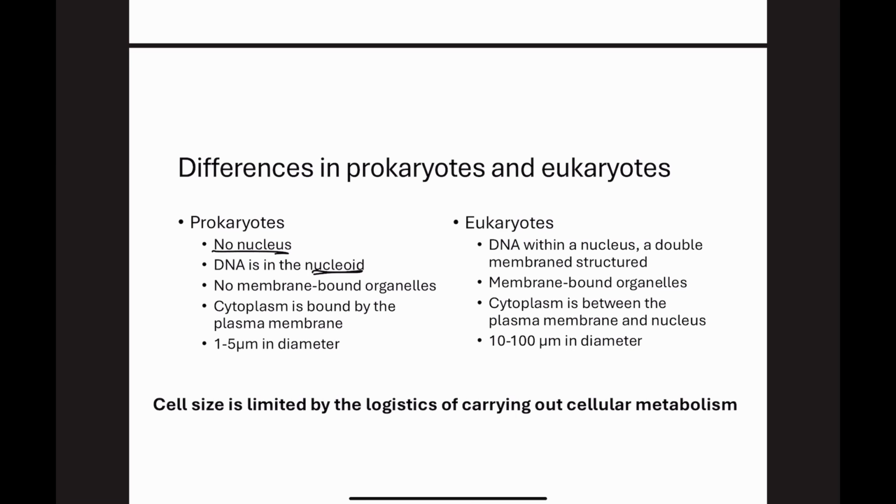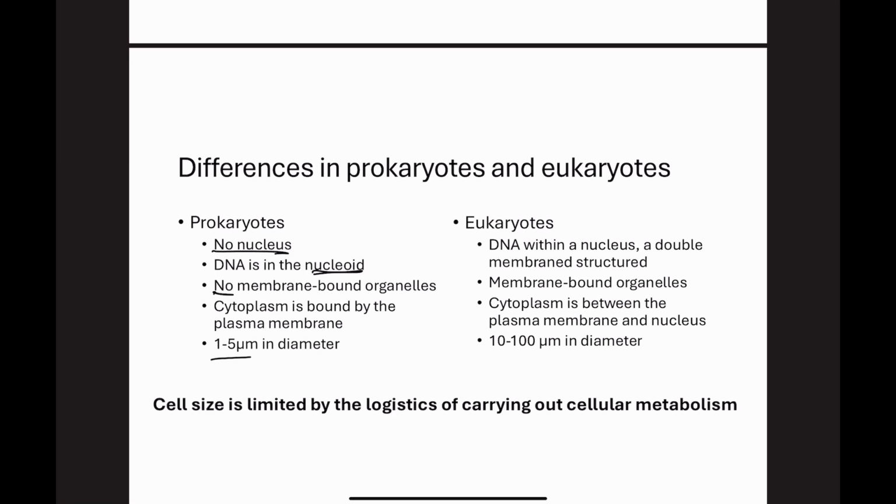Our prokaryotes do not have membrane-bound organelles. Their cellular functions occur directly inside of the cytoplasm. And when we're talking about prokaryotes, the cytoplasm is referring to the entire space within the plasma membrane. And our prokaryotes are smaller. They're typically 1 to 5 micrometers in diameter.